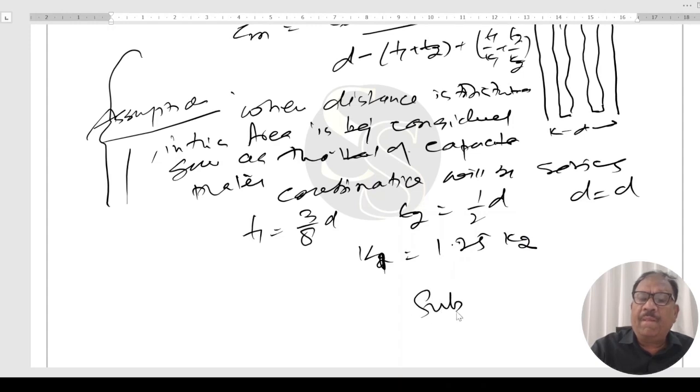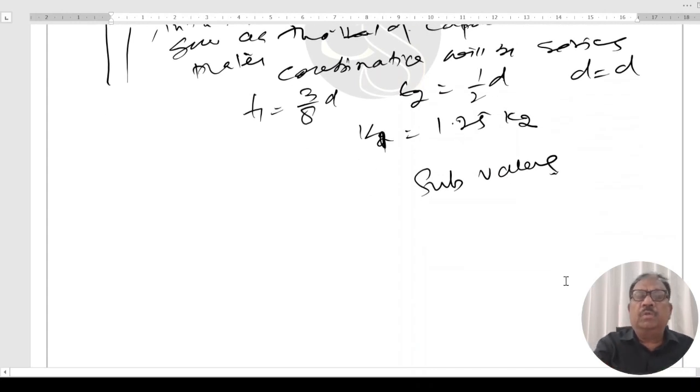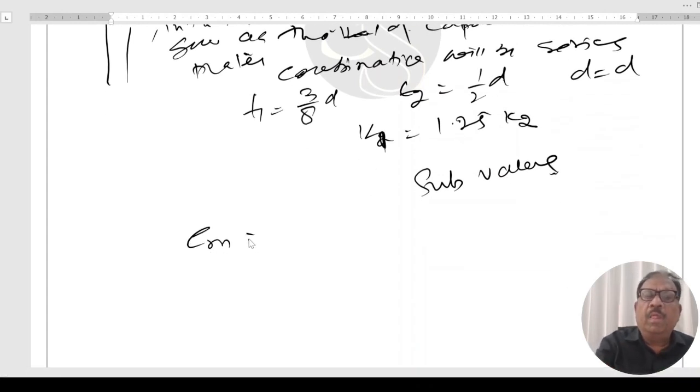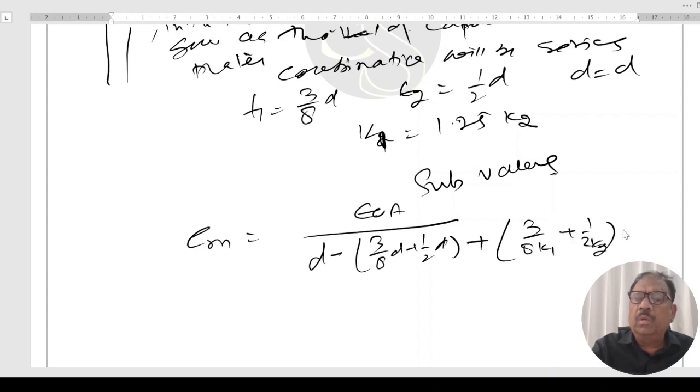Substituting values, this comes out to be C medium equal to epsilon naught A upon d minus (3 by 8 d plus 1 by 2 d) plus T1 by K1 plus T2 by K2, into d.